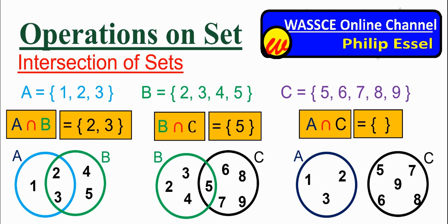And we also have our set C with its members 5, 6, 7, 8, and 9. But of course, because they do not have anything in common, they form a disjoint set. We'll look at a disjoint set in our next slide.